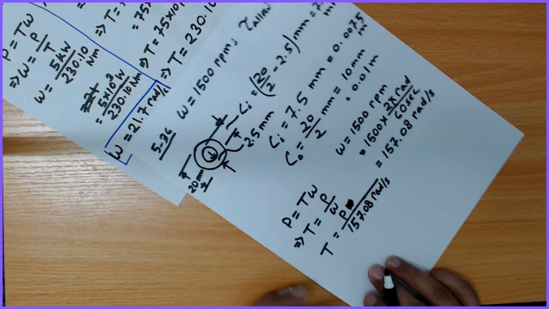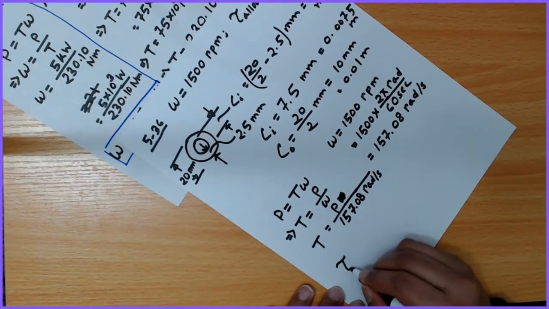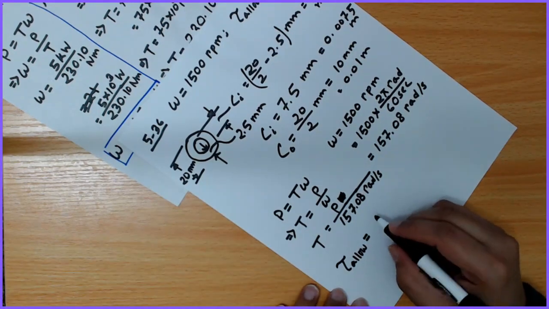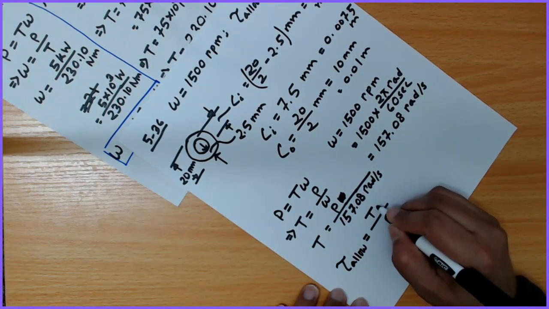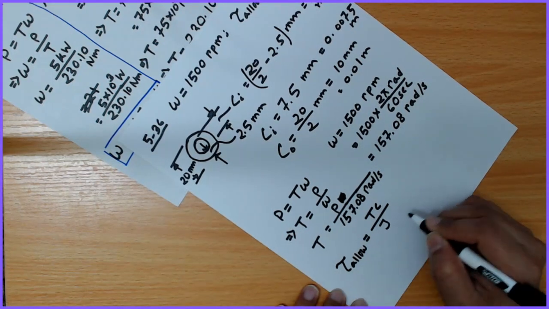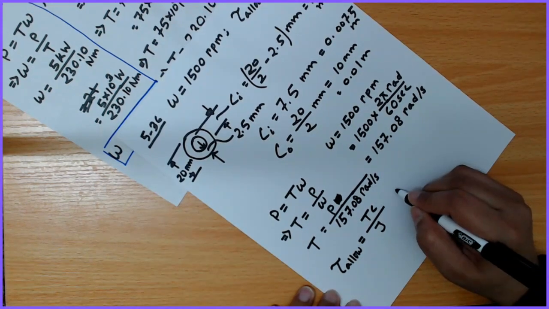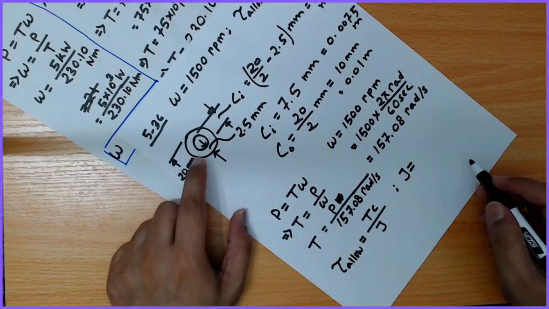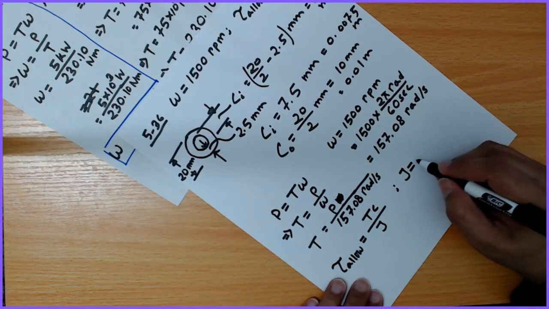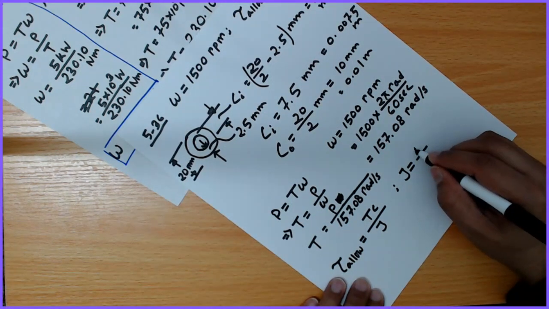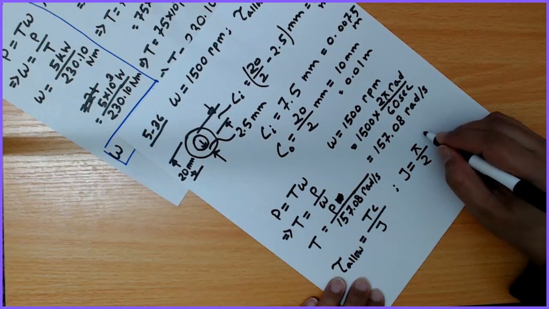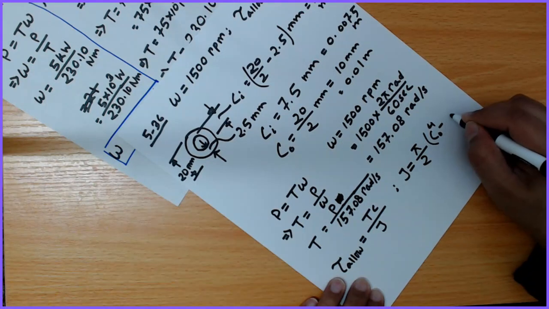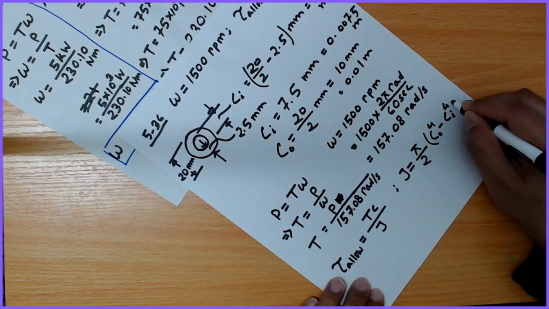And we also know tau allow equal to TC by J. Now here, since this is a hollow cylinder, the formula for J is pi by 2 times C outer radius to the power 4 minus C inner radius to the power 4.